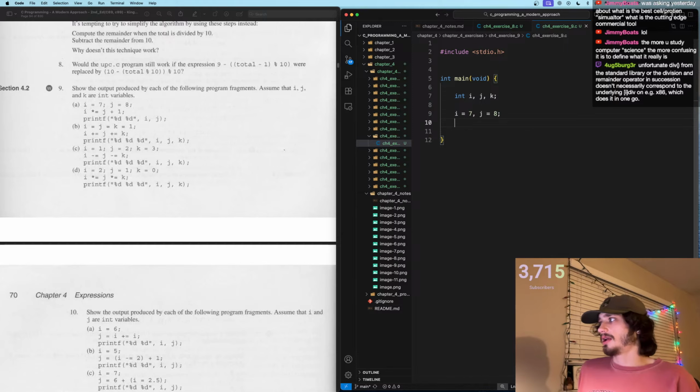Let's then say: i *= j + 1. Okay, what do we think this is going to output? Well, if j is 8, we're going to add 1 to j.